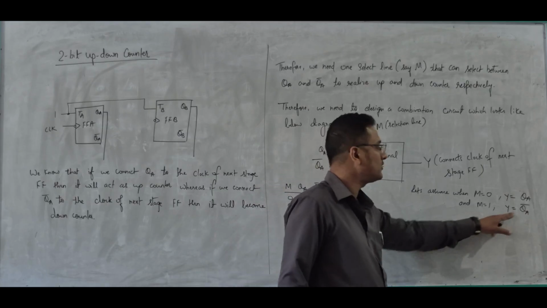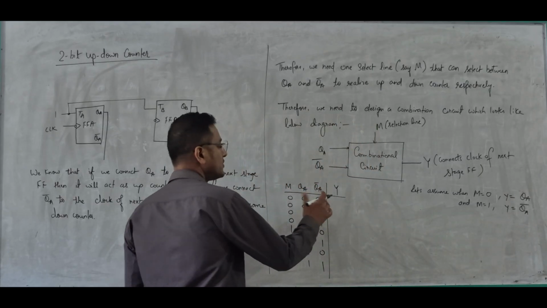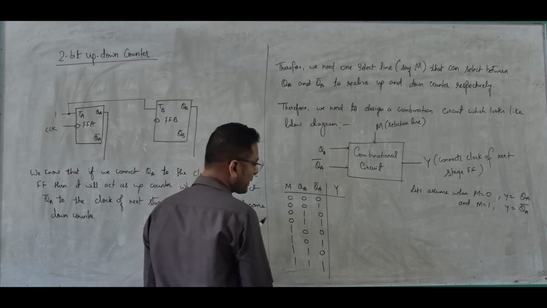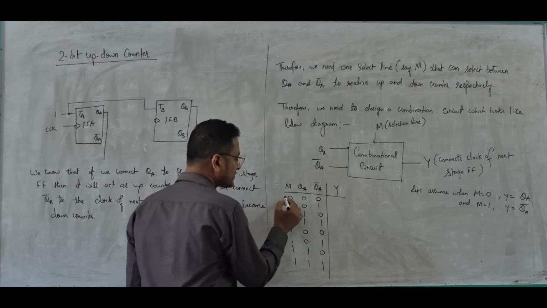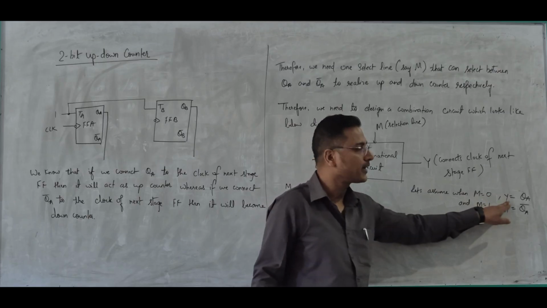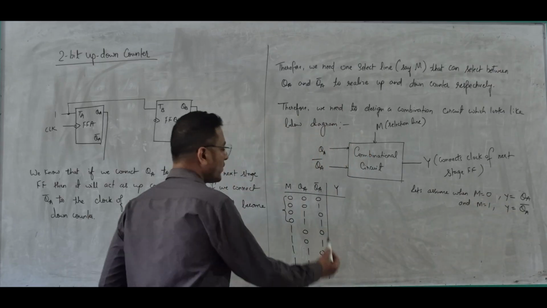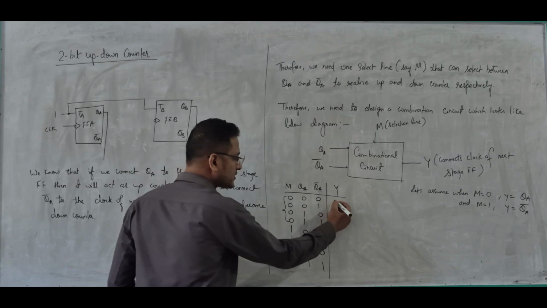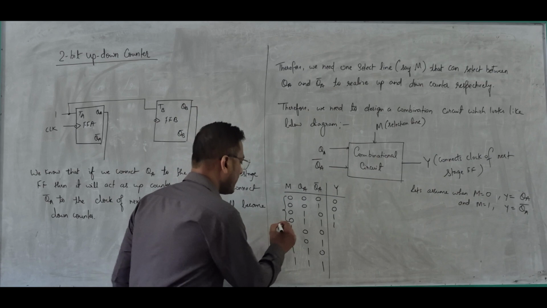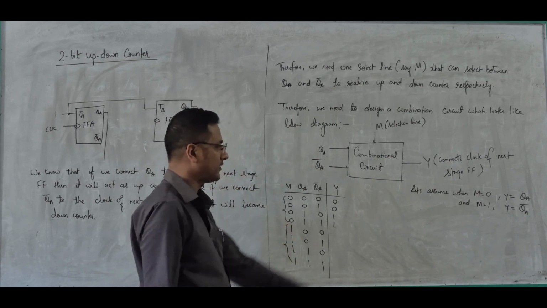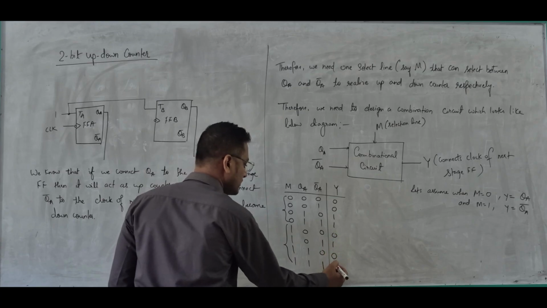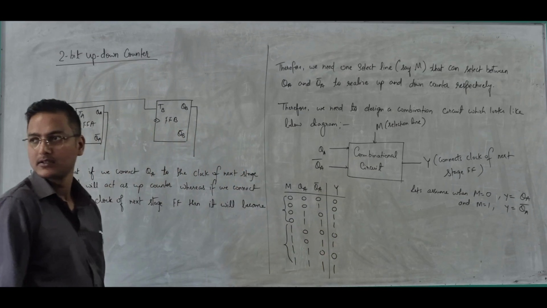And when M is equal to 1, Y is equal to QA complement. So knowing that, pay attention here. When M is 0, Y will be equal to QA. So the QA values are 0, 0, 1, 1. And when the value of M is 1, the value of Y is QA complement, which is 0, 1, 0, 1. So this is the output that I need.